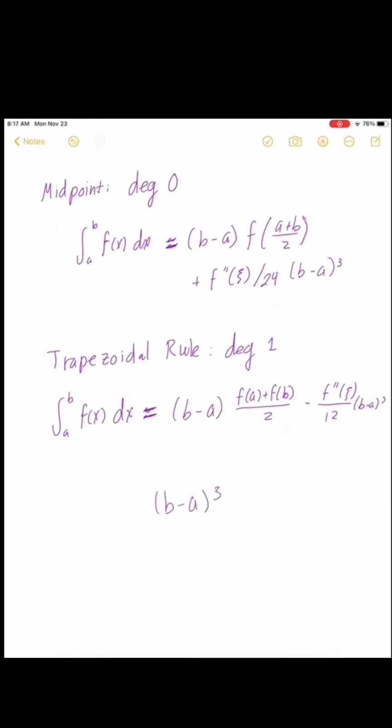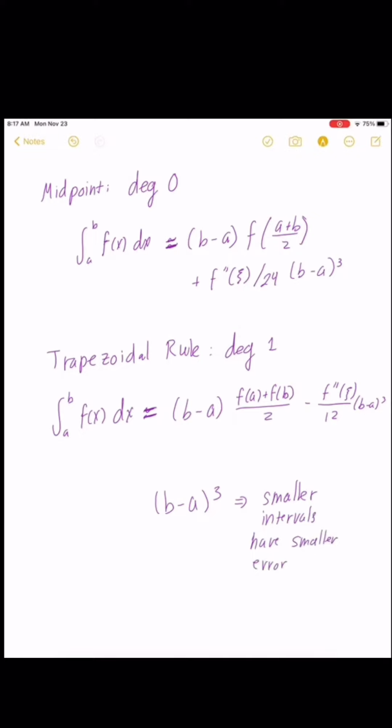As b minus a gets smaller, b minus a cubed will get even more significantly smaller, and as this gets less than 1, it'll drive the error down even further. Intuitively it's obvious too: smaller intervals have smaller error.